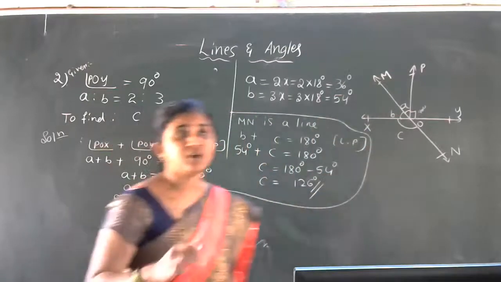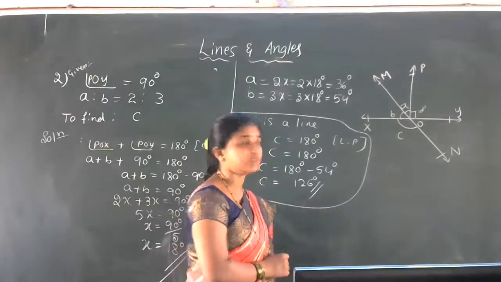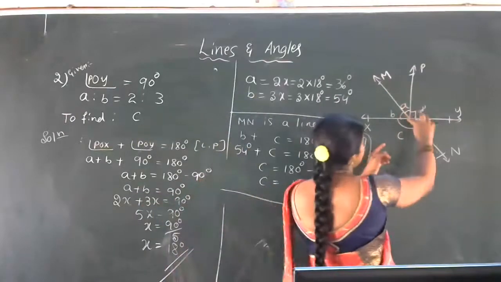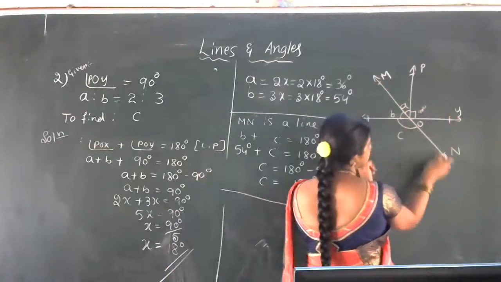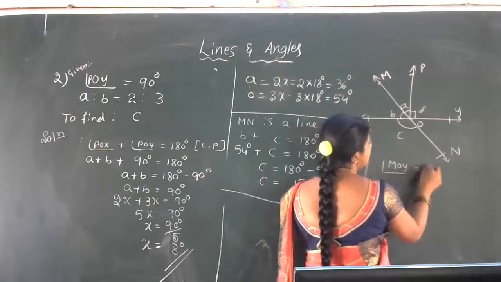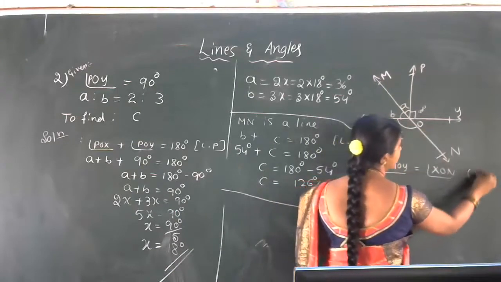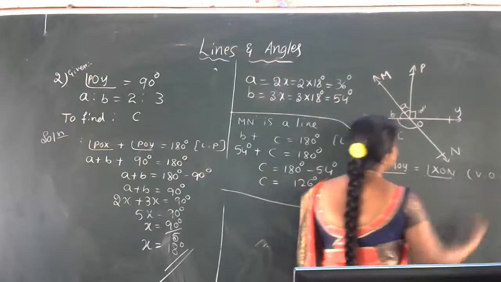Now, if I want to apply vertically opposite angles, how can we take that concept? Angle MOY is equal to angle XON. Is that clear? Vertically opposite angles.